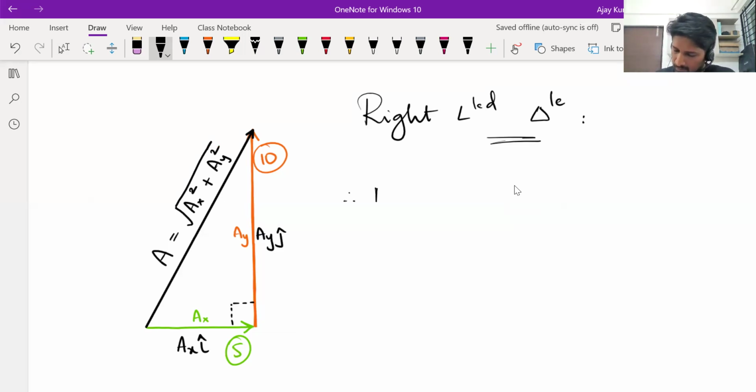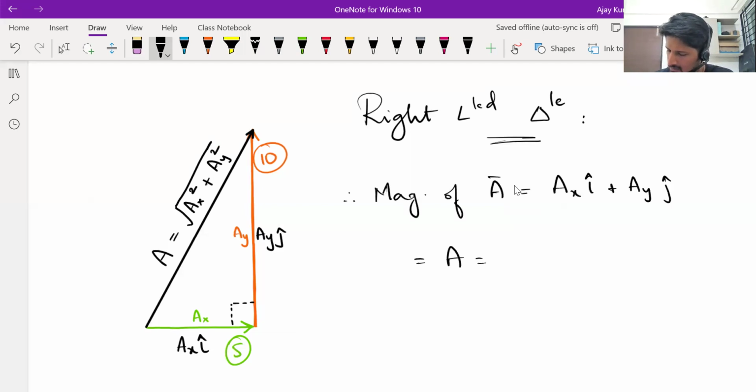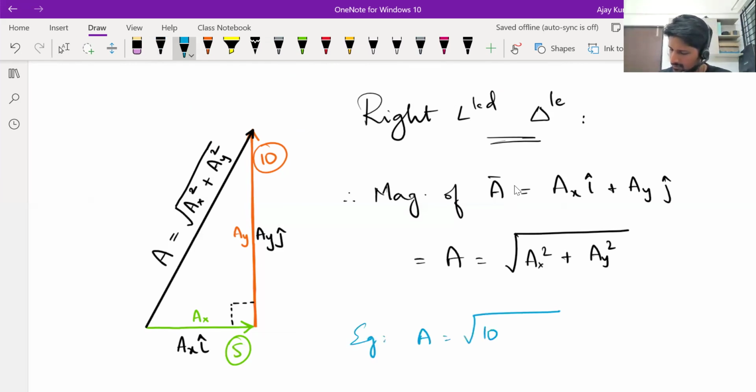Therefore, the magnitude of the vector given by its components becomes square root of ax square plus ay square. In this example, it becomes root of 10 square plus 5 square, square root of 125.